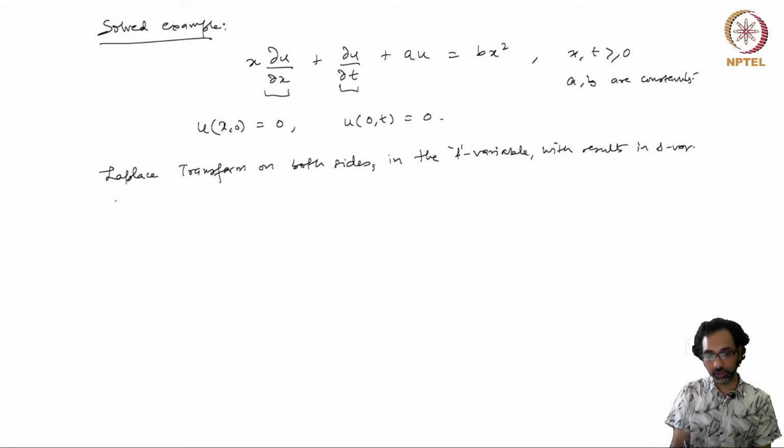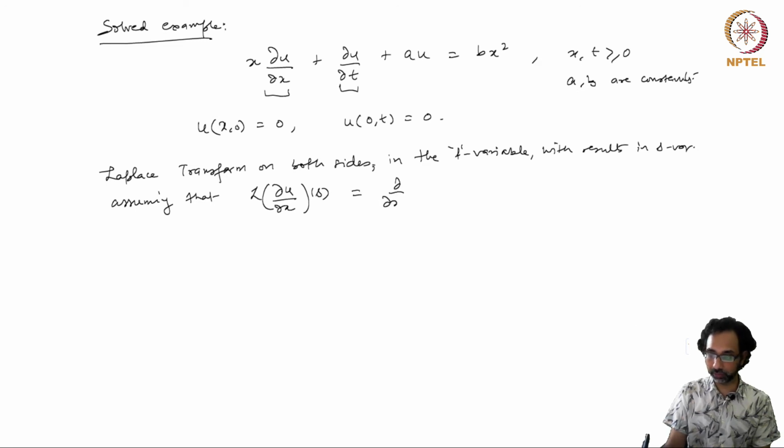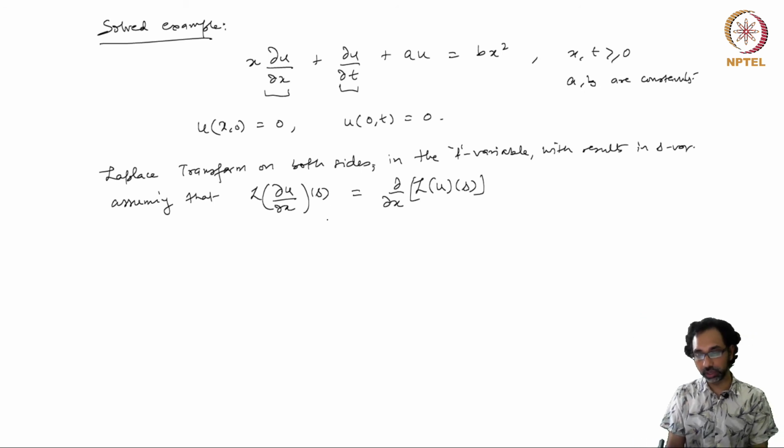Now we will also assume that the Laplace transform of del u over del x with respect to t is equal to the derivative of the Laplace transform of u with respect to x. Notice that when you take the Laplace transform with respect to t, the x variable still remains, and so we can take the partial derivative with respect to x of the Laplace transform of the original function.